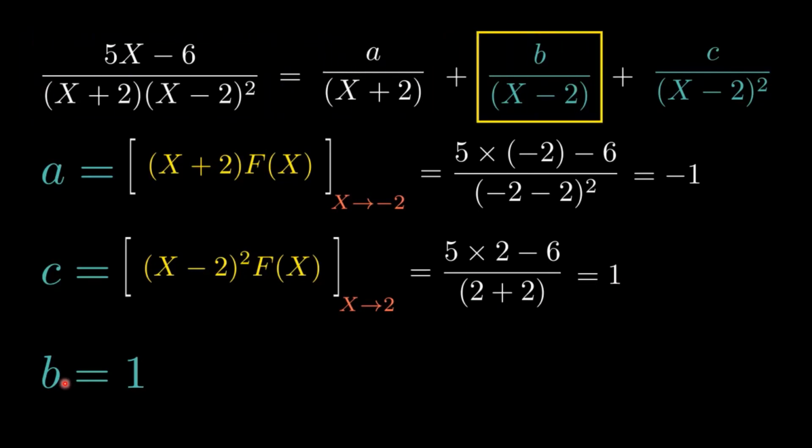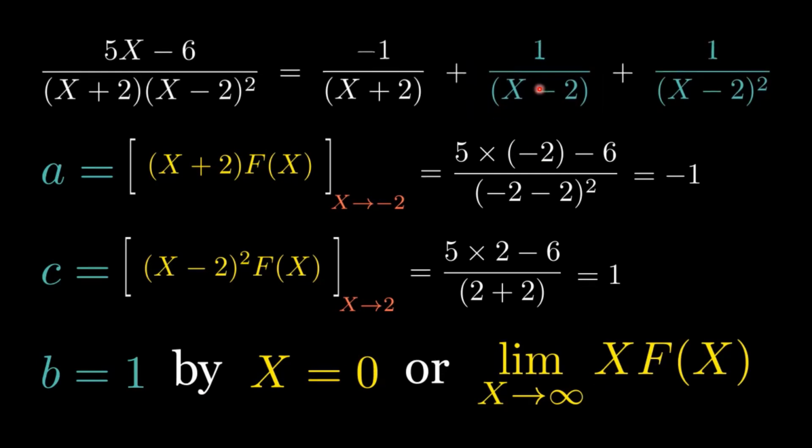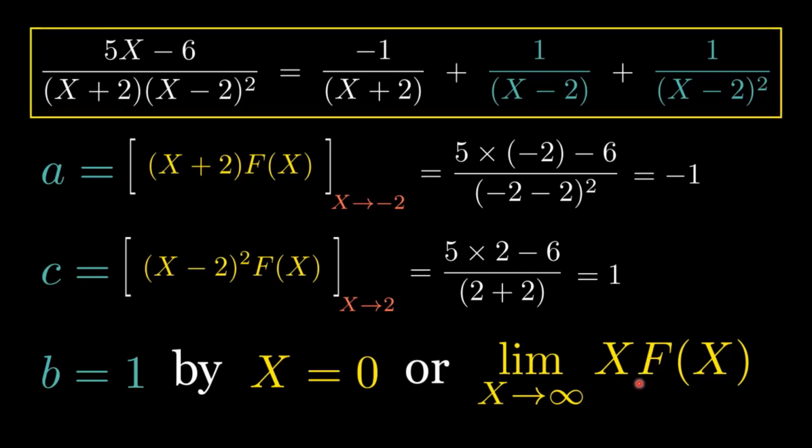And we get b equals 1 by two methods: we take x equals 0, or we multiply by x minus 2 and take the limit as x approaches infinity.